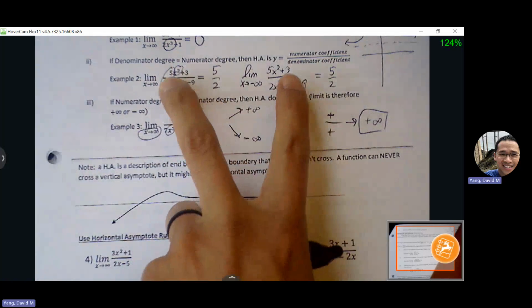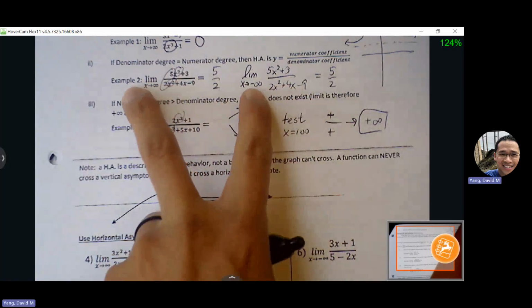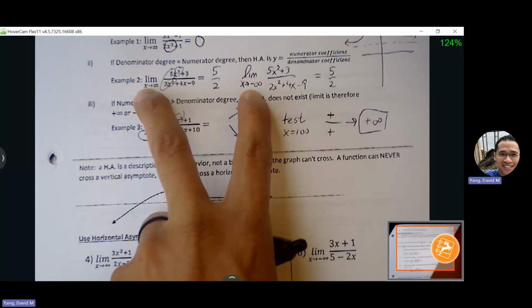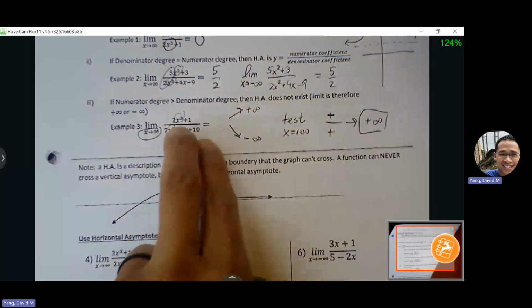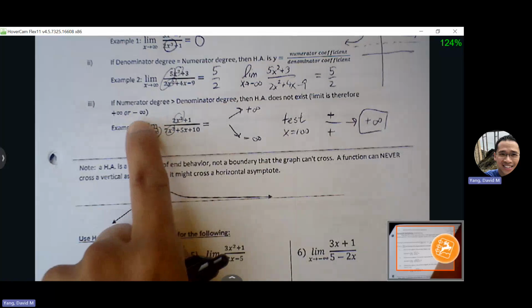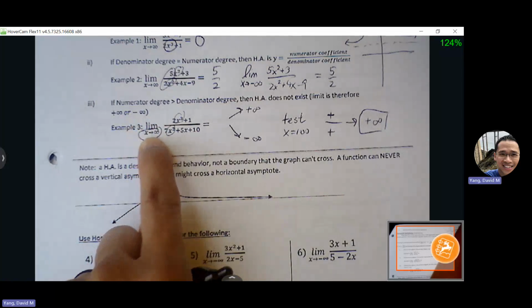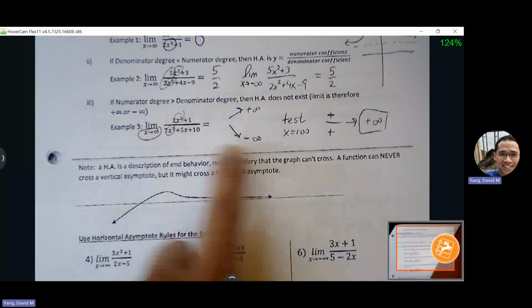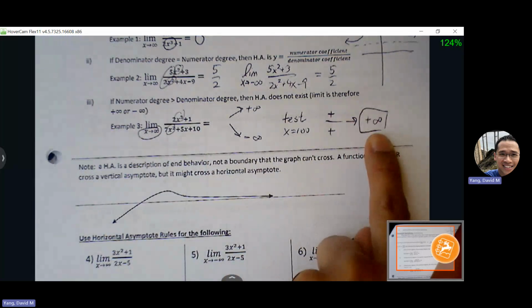So in option 2 here, infinity or negative infinity has no impact on your limit. But if my numerator degree is higher than my denominator, then the direction that I'm headed, either positive or negative infinity, could have an impact on where my graph is pointing.